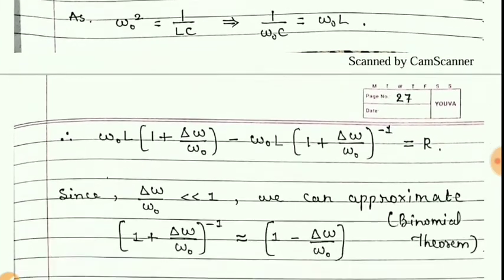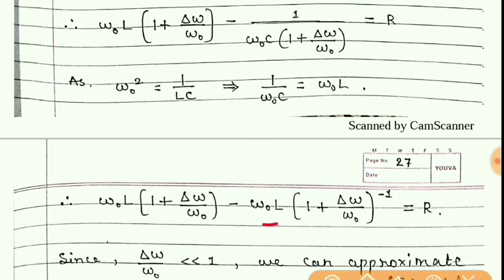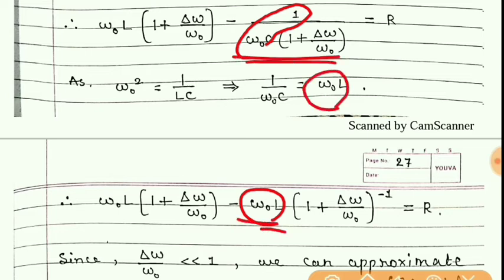So now, 1 upon omega naught C is equal to omega naught L. We get this because in place of this 1 upon omega naught C we have put omega naught L. So in this second term this is the change.